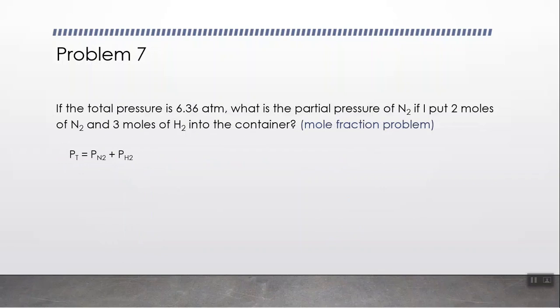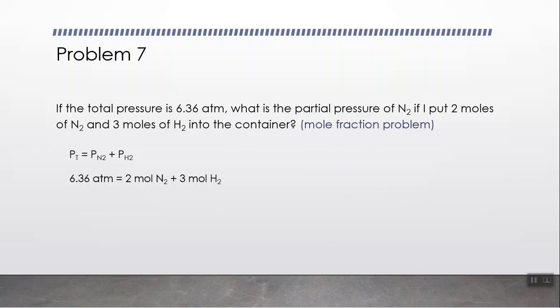You're given the total, but you're not given the individual partial pressures of nitrogen and hydrogen. What are you given? You're given the number of moles. So we can set it up like this: 6.36 atmospheres is equal to 2 moles of nitrogen plus 3 moles of hydrogen.